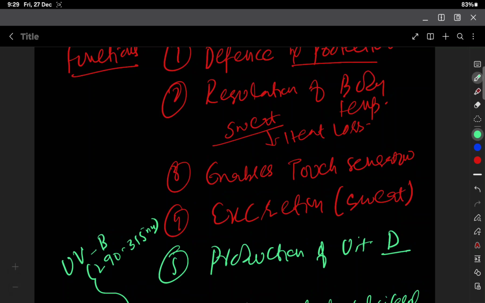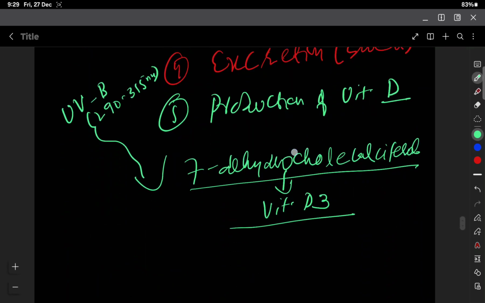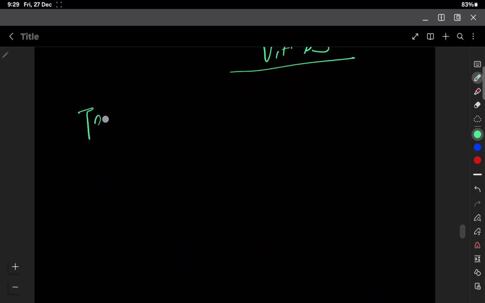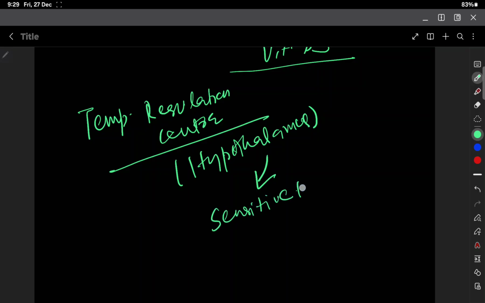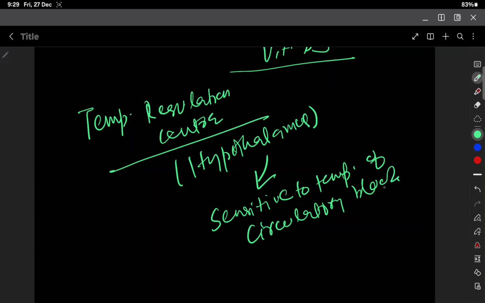The temperature regulation center is present in the hypothalamus, which is a part of the brain. This hypothalamus is sensitive to the temperature of circulatory blood, the blood in the circulation.